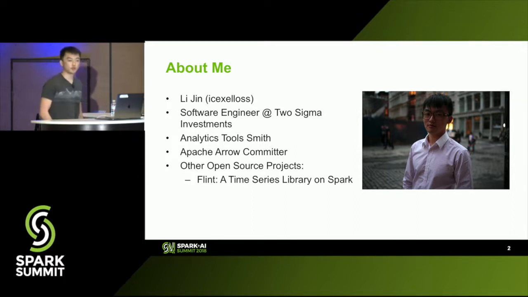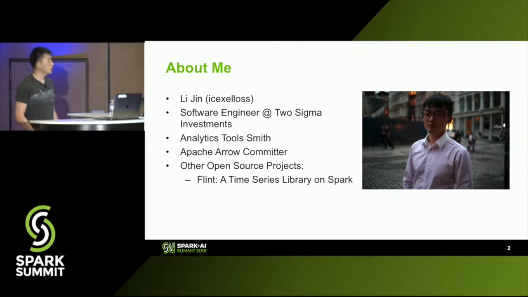I'm sure all of you have also heard the mention of Apache Arrow in Reynold's keynote about Hydrogen today as a way to communicate data between SQL system and machine learning system. And that is where the journey started, and I'm very excited to share with you today.